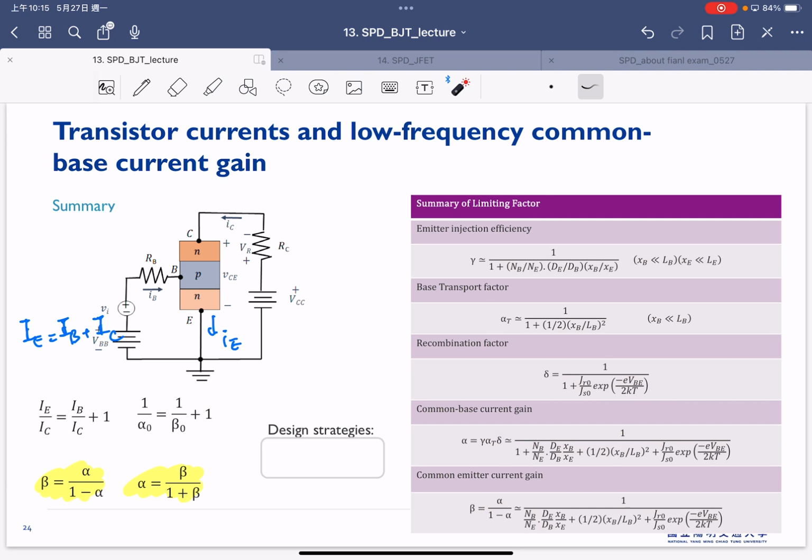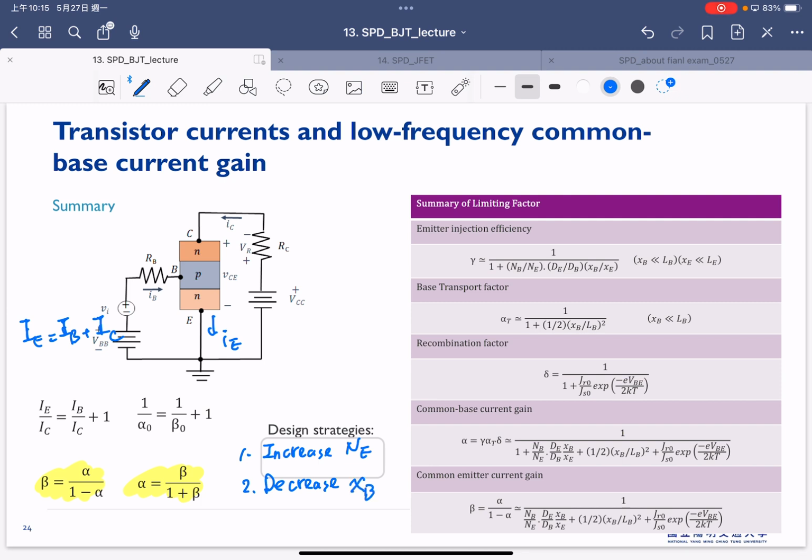And right now, what would be the design strategy if we want to have a higher current gain? We can start from this equation. The first important thing is to increase the emitter concentration, and the second one is to decrease the base width.